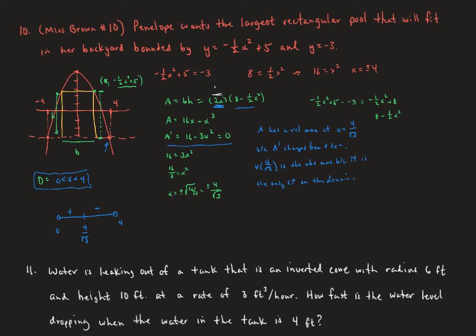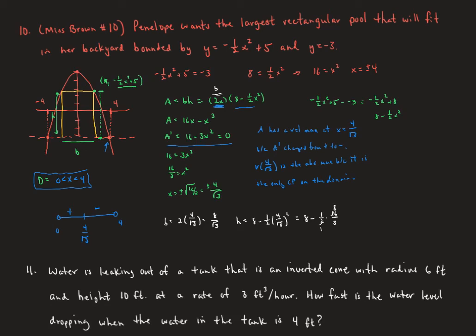So our base will be 2 times that 4 over square root of 3. So that's going to be 8 over square root of 3. And our height is going to be the 8 minus 1/2 times 4 over square root of 3 squared. So that's 1/2 times 4 squared, which is 16, and square root of 3 squared is 3.